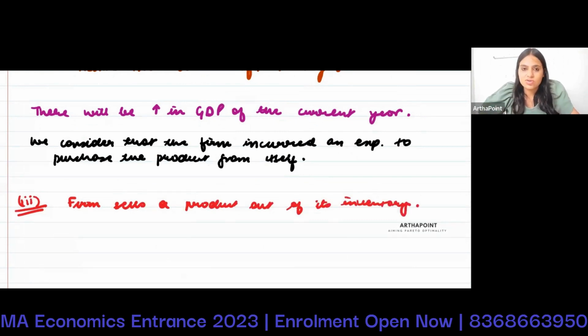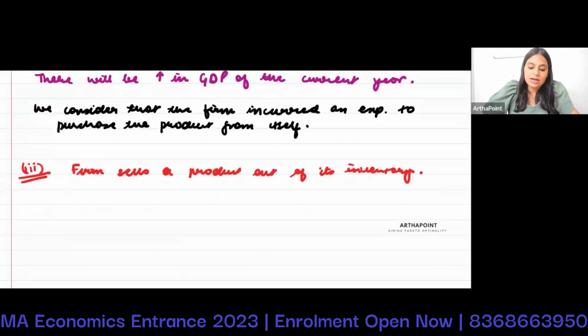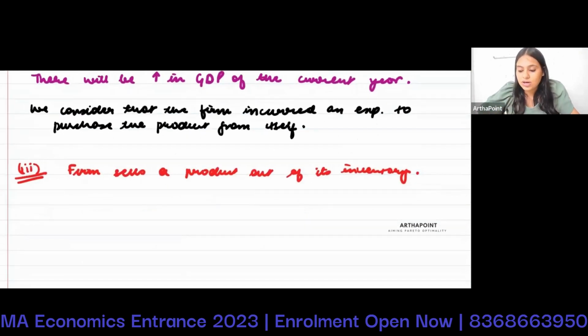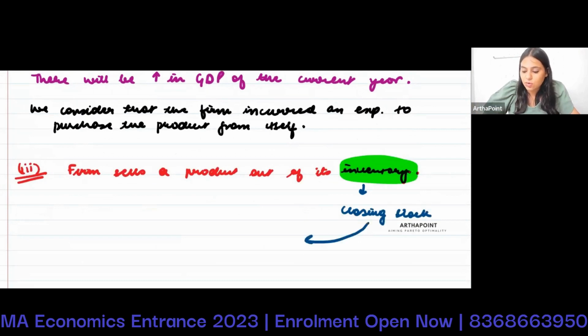Now, there are two ways to consider this. If I am selling a product out of my inventory, it means this product does not belong to this year. Inventory, that is, it was there last year. I just carry forwarded it. It's like it was there in my closing stock last year, so this year I brought it into my opening stock. It always existed.